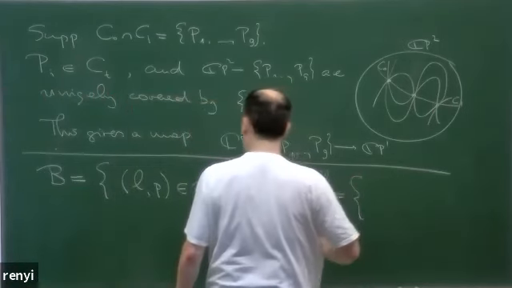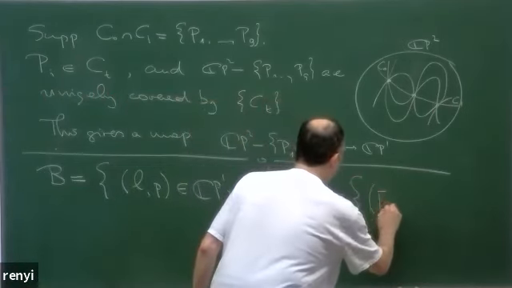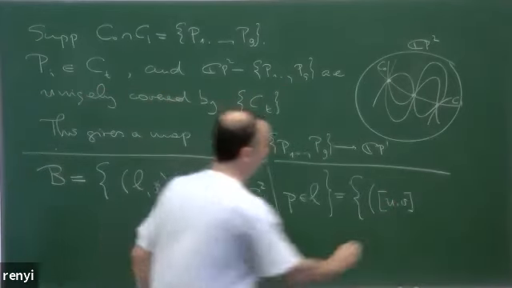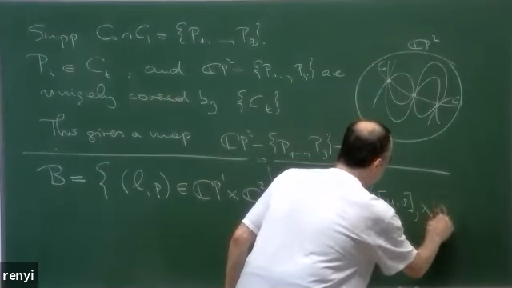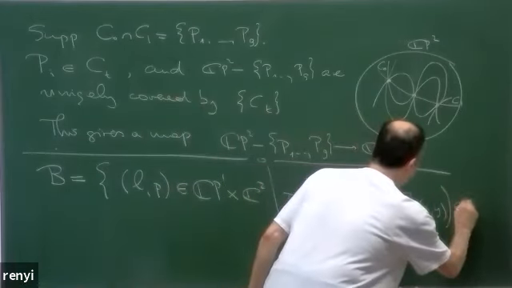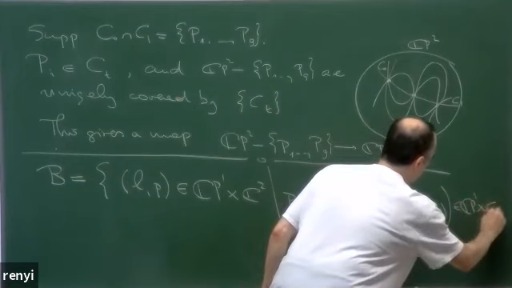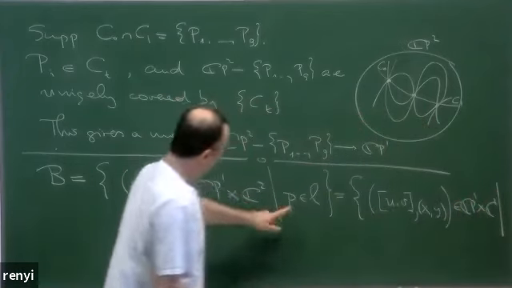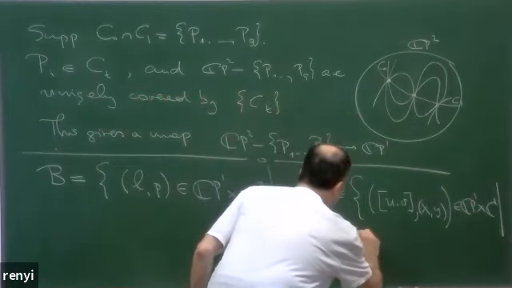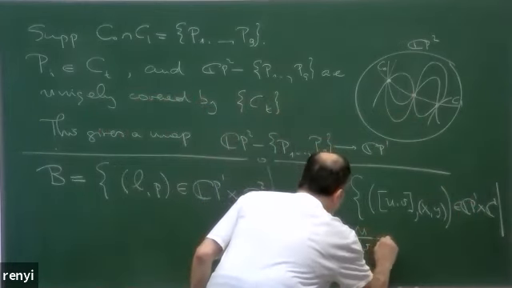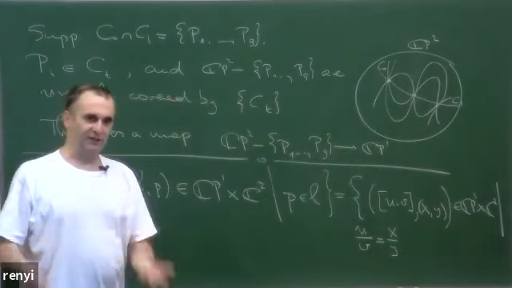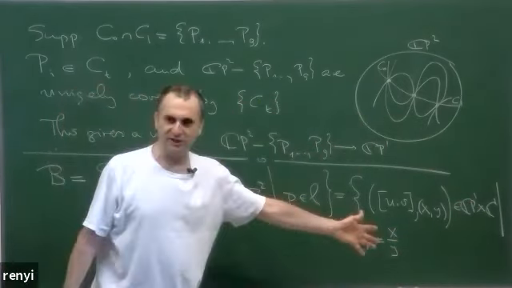Writing in coordinates, we have in homogeneous coordinates in CP1 and usual coordinates in C2, this relation can be formulated by the equation that U over V equals X over Y, which is sort of a little fuzzy when one of these numbers are 0.